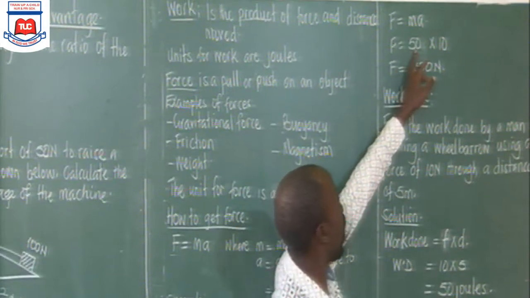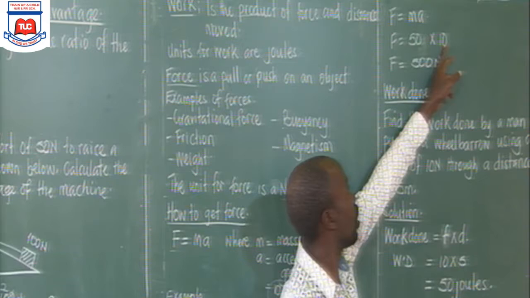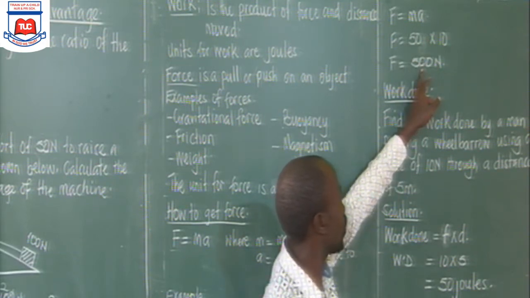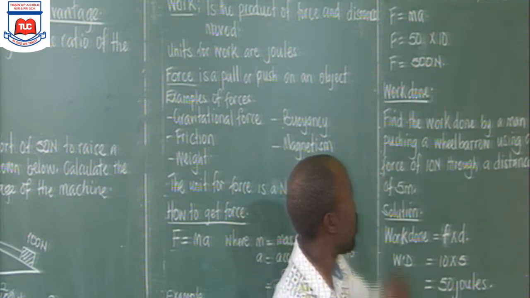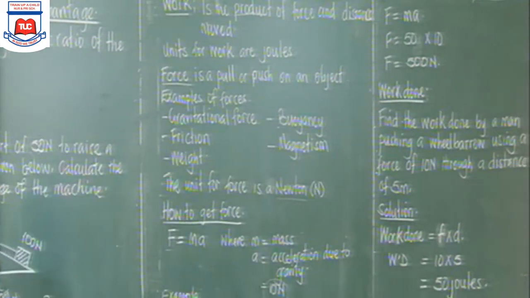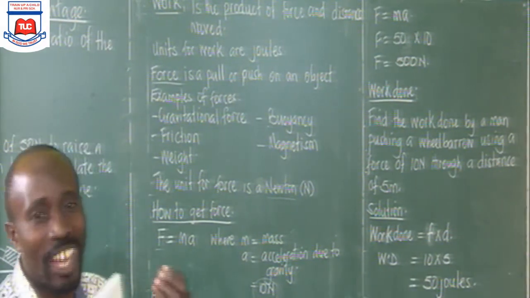So let's continue. We shall multiply our 50, which is in grams, times the 10 newtons. And 50 times 10 will give us 500 newtons. So that is the force. Always remember to put the units.